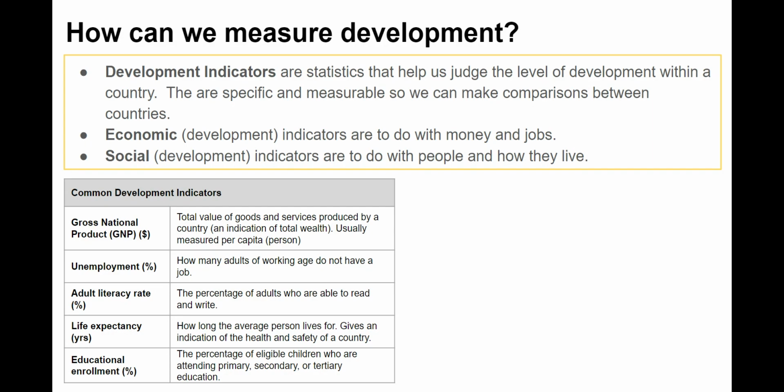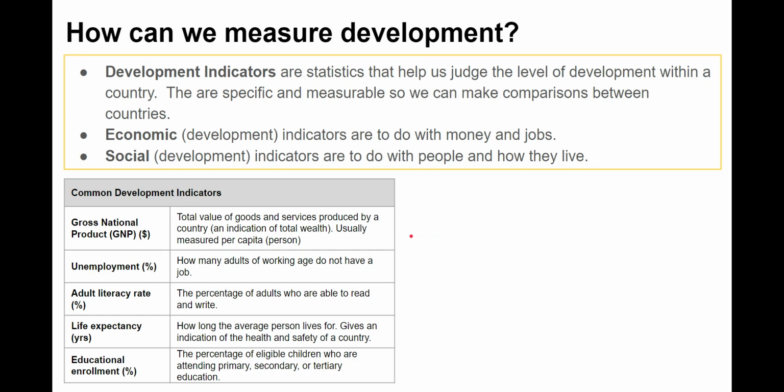If that is close to 100%, what that means is lots of children are going to school. They're not, for example, spending time in the fields or in factories working to earn money for their families. Once again, higher educational enrolment means that people are likely to have higher literacy rates and therefore get better jobs later on.